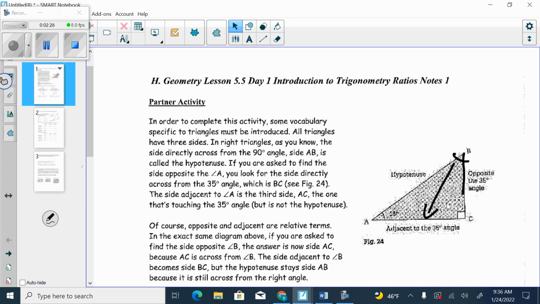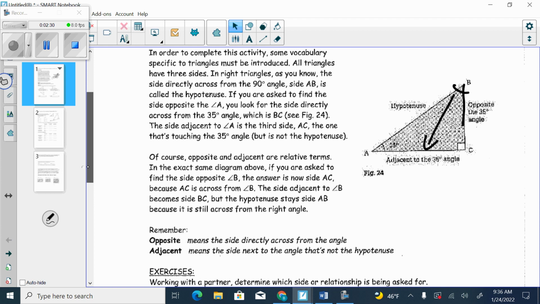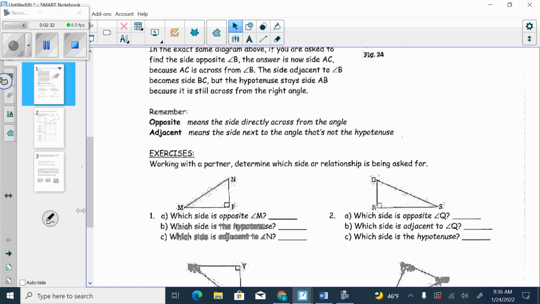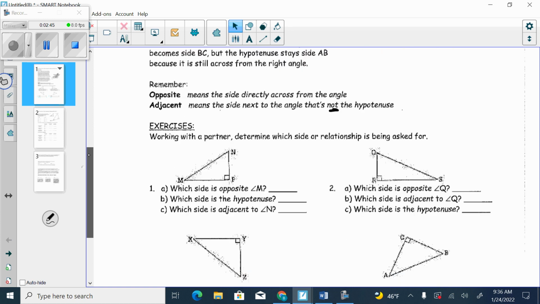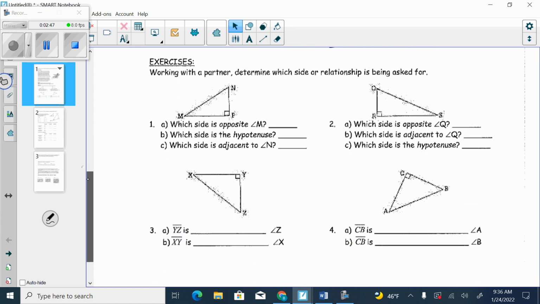Your adjacent and your opposite can change depending on what angle they're asking you to look at. Remembering that opposite means the one that's directly across from the angle, and the adjacent is the one right beside it that's not the hypotenuse, I want you to fill in these blanks. On the first two figures, you tell me which side is opposite, which is hypotenuse, and which is adjacent.